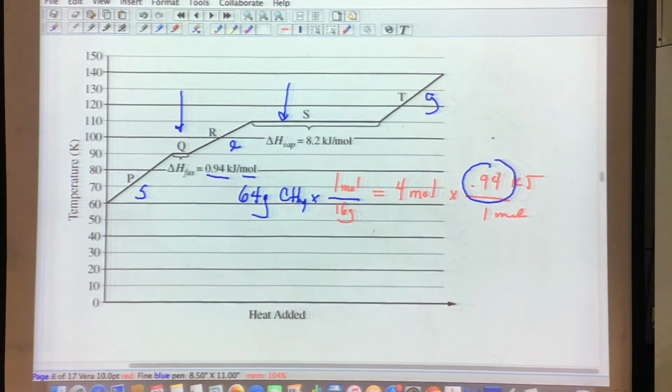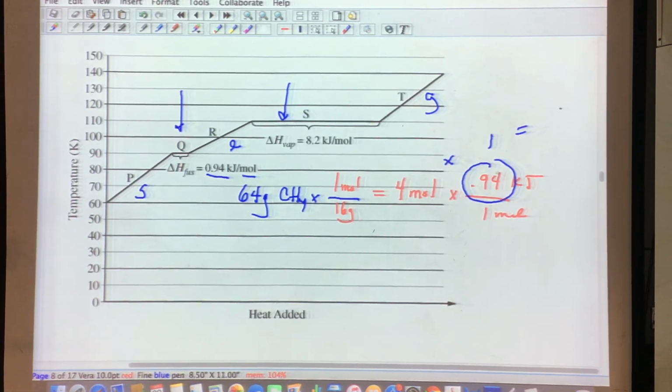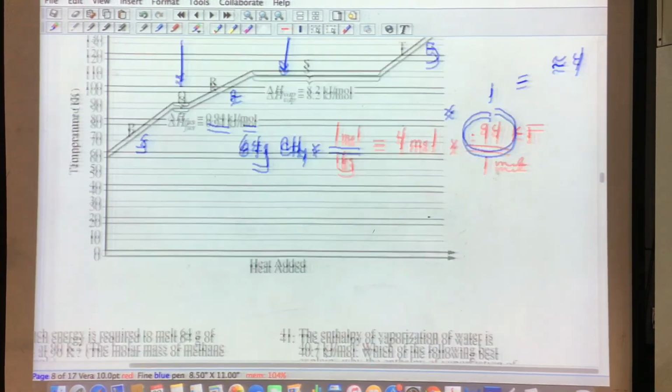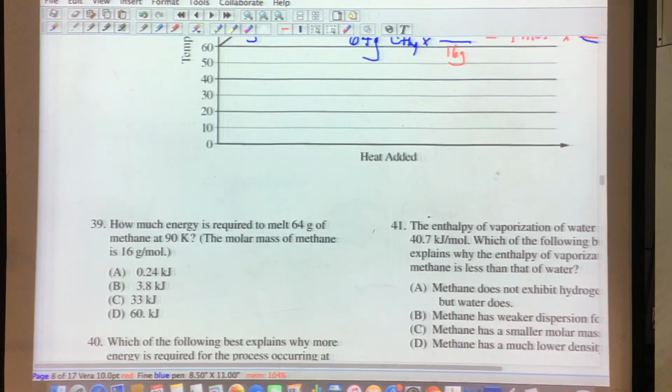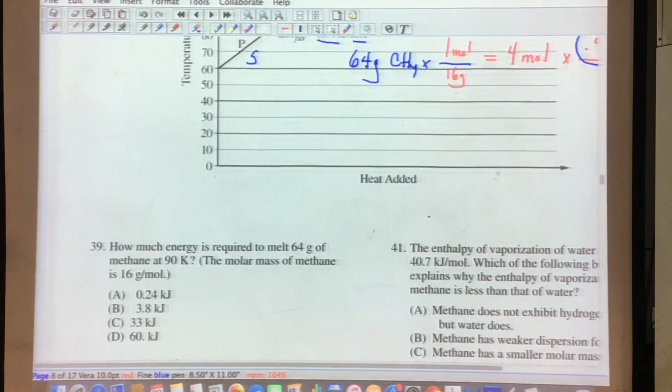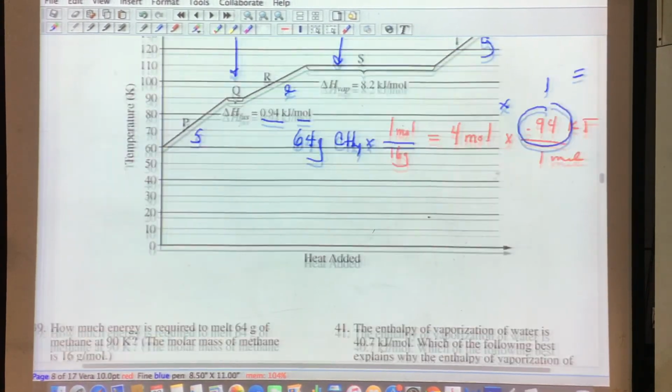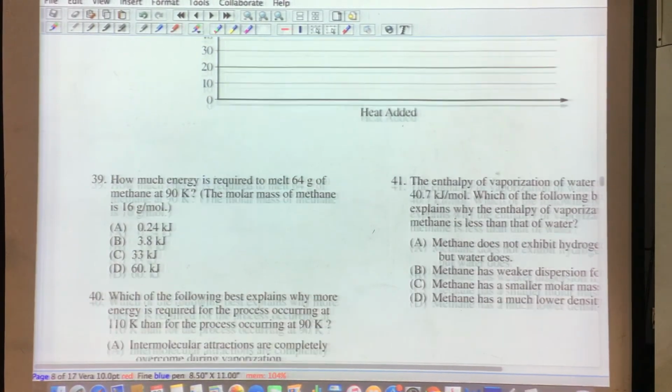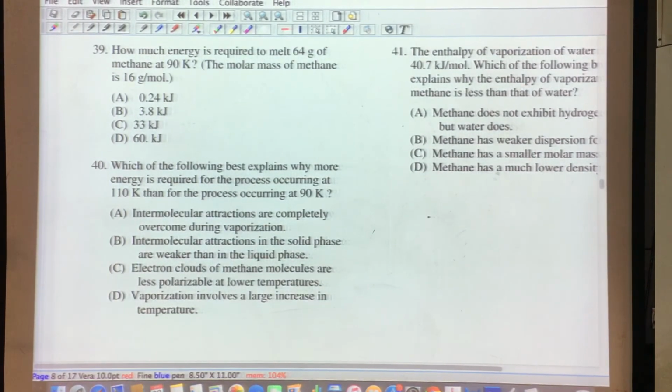And 4 times 1 is about 4, and it's in kilojoules. So the only answer there, about 4, is choice B, 3.8 kilojoules.